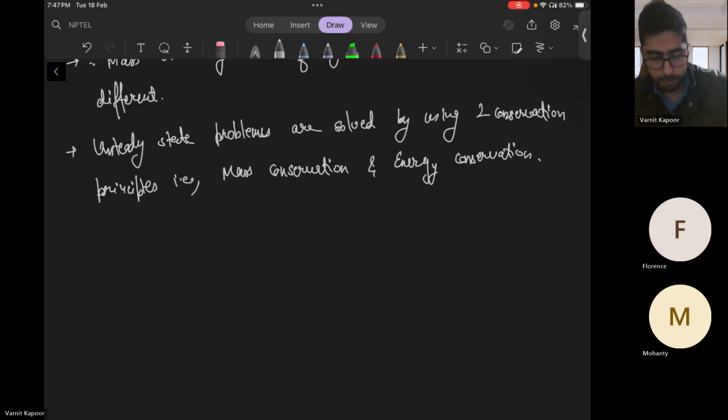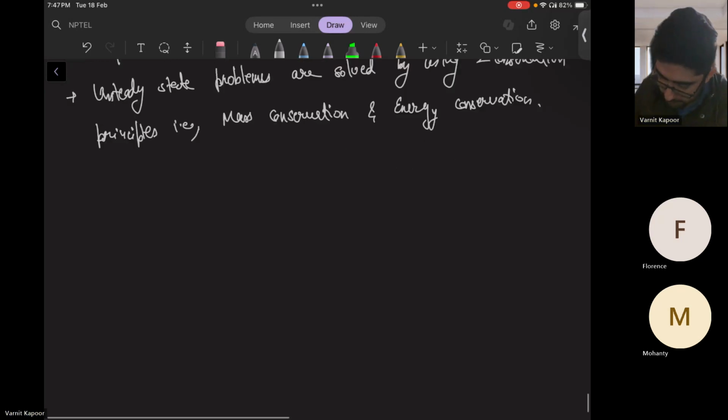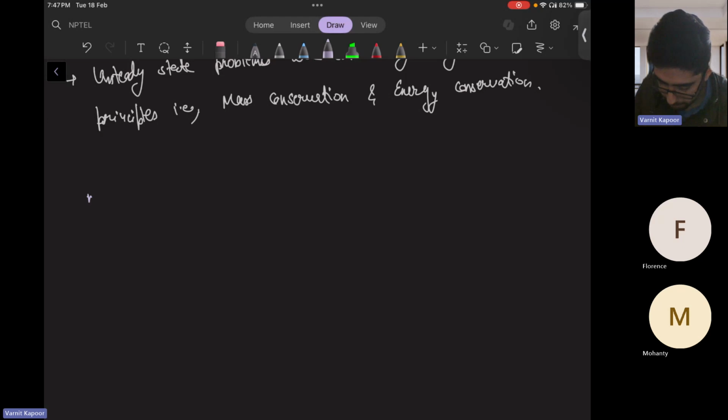All right. So again, we'll define a nomenclature here. Mi is nothing but mass at inlet of the control volume.